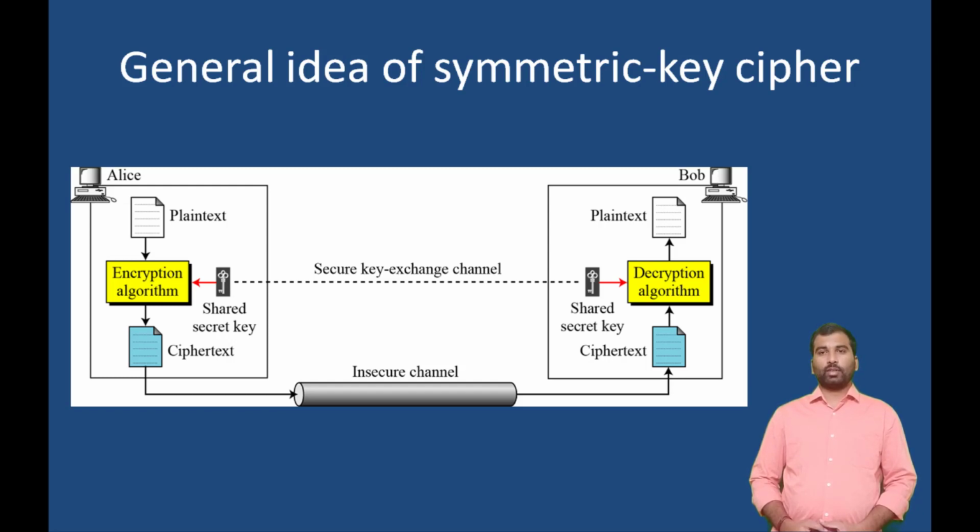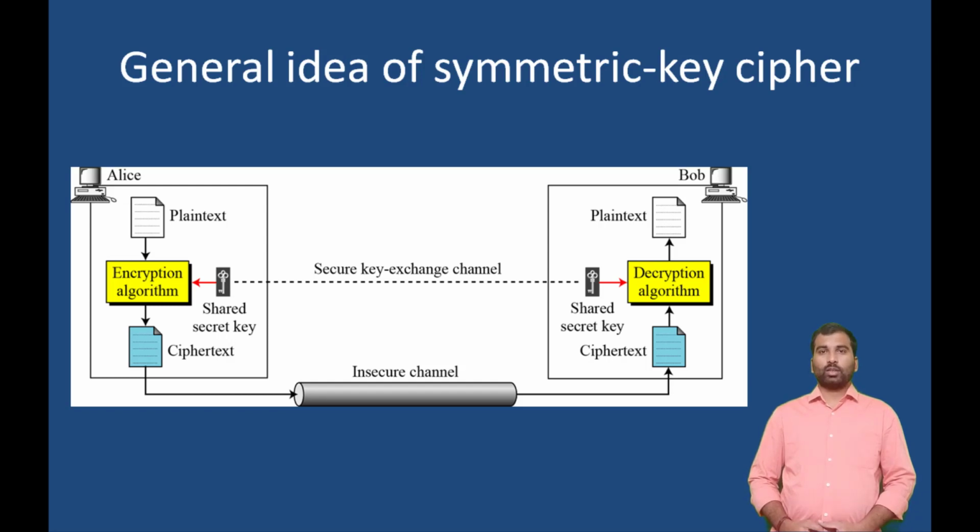After receiving the ciphertext, Bob decrypts it with the same key that was used by Alice, turning the ciphertext into plain text. Here, Alice and Bob both use the same key for encryption and decryption. So this is called symmetric key ciphers. That means we are using the same key for both the encryption process and the decryption process.